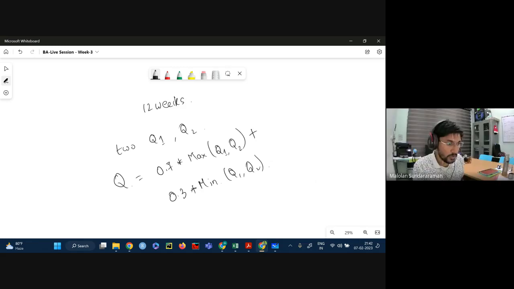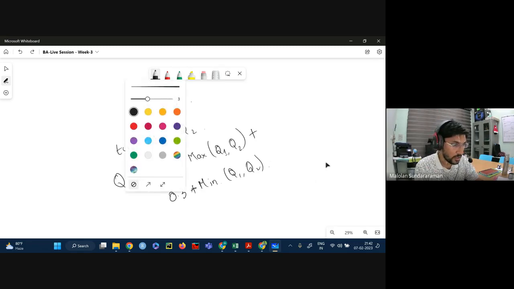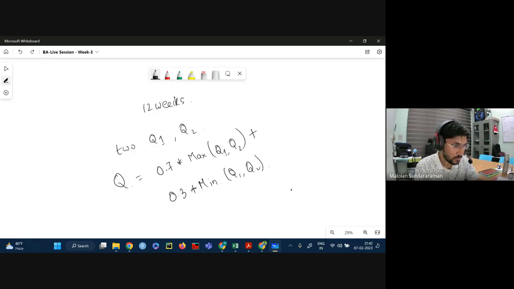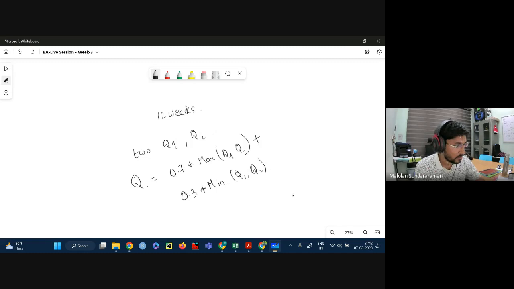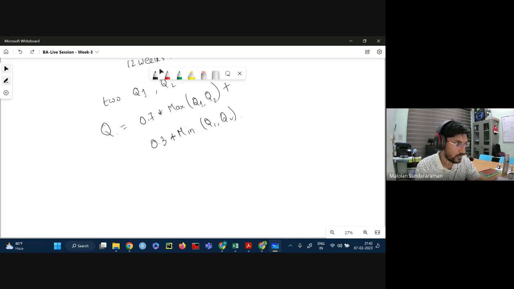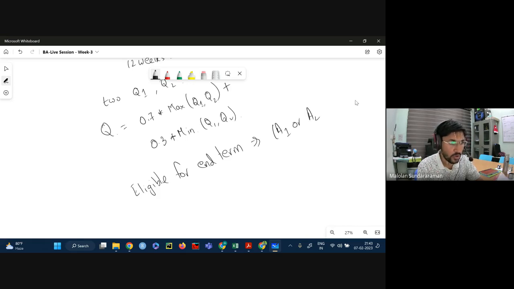Yeah. So this is going to be the evaluation criteria, but more importantly, it's your assignments. To be eligible for the end term, you need to solve A1 or A2, assignment 1 or assignment 2.